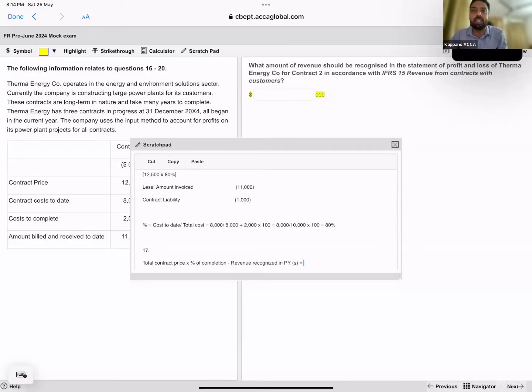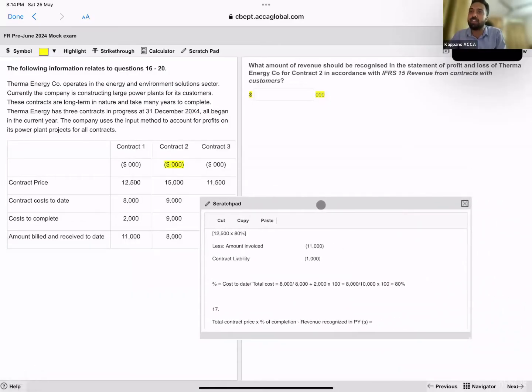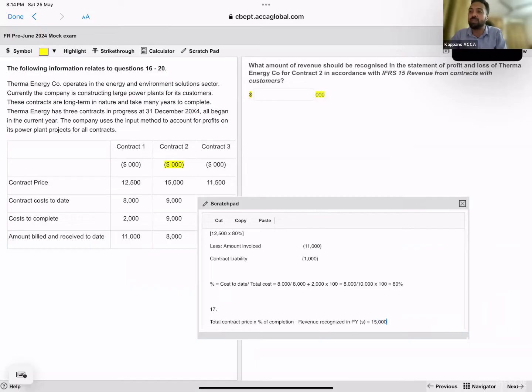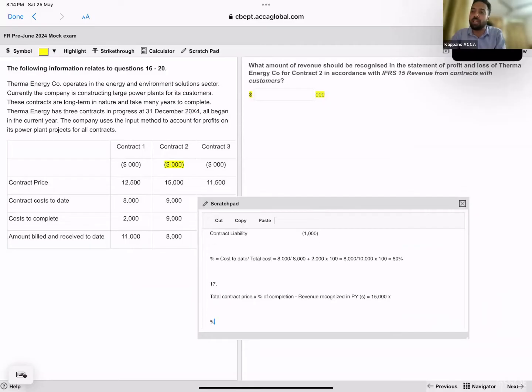So it will be the total contract price of the second contract, which is $15,000, multiplied by percentage of completion. Again, we have to calculate percentage of completion. In the input method, it is cost to date divided by total cost. Cost to date is given. Contract cost to date of contract 2 is 9,000, divided by total cost.